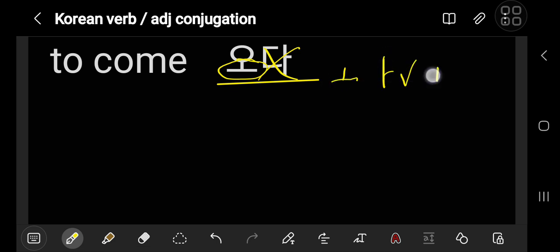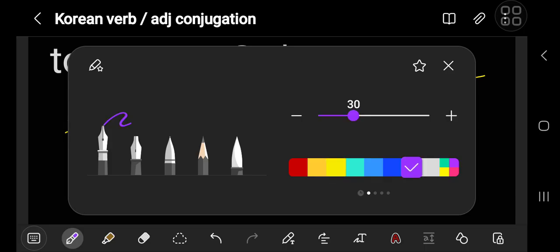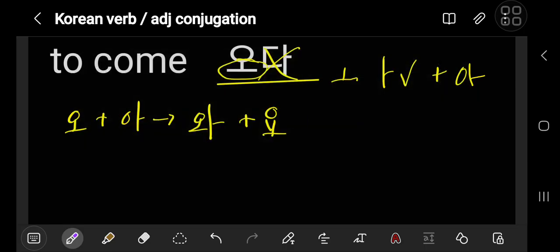And yes, so we will add our A. Kind of like kada, we have our base form of O, and then we add our A, but it's a little bit special, so we can just combine it down to wa, and then we add the yo for politeness. So our nice little present tense is going to be wayo.